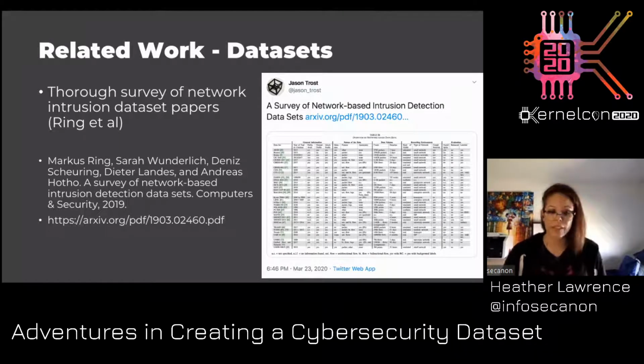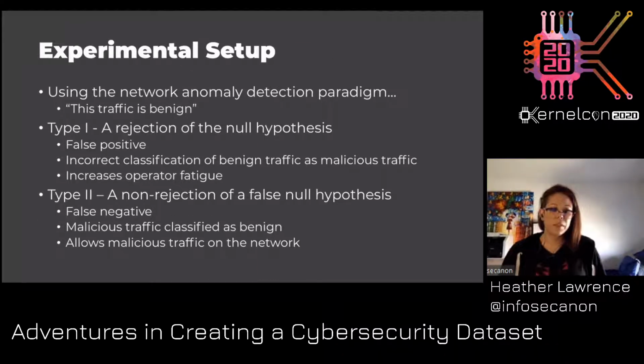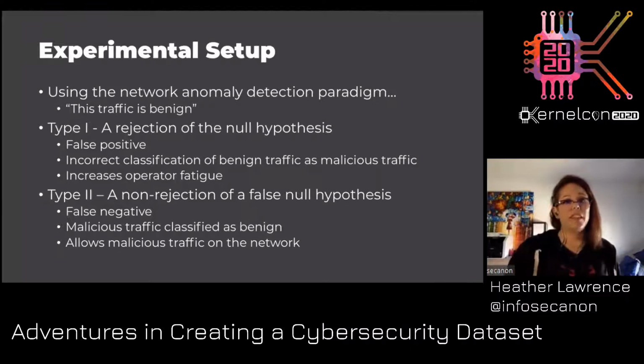For the most part, to save you some effort, some of them are open, some of them only have PCAPs, some of them aren't labeled. It's like you need this huge table to determine what data is best for your research. Our experimental setup to make this data set works like this.